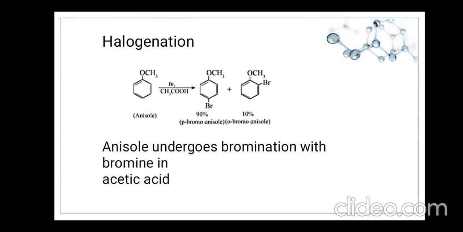Para forms a major product and ortho forms a minor product. So over here, if the bromine is at the para position, it forms the major product, and if bromine is at the ortho position, it will form the minor product.